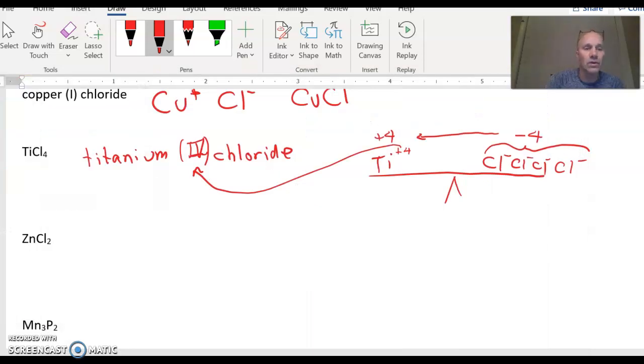So because it does not need that, its name is just plain old zinc chloride. Make sure you do not put a Roman numeral in that. This is one of those 3 exceptions. Silver, zinc, and cadmium do not need Roman numerals.